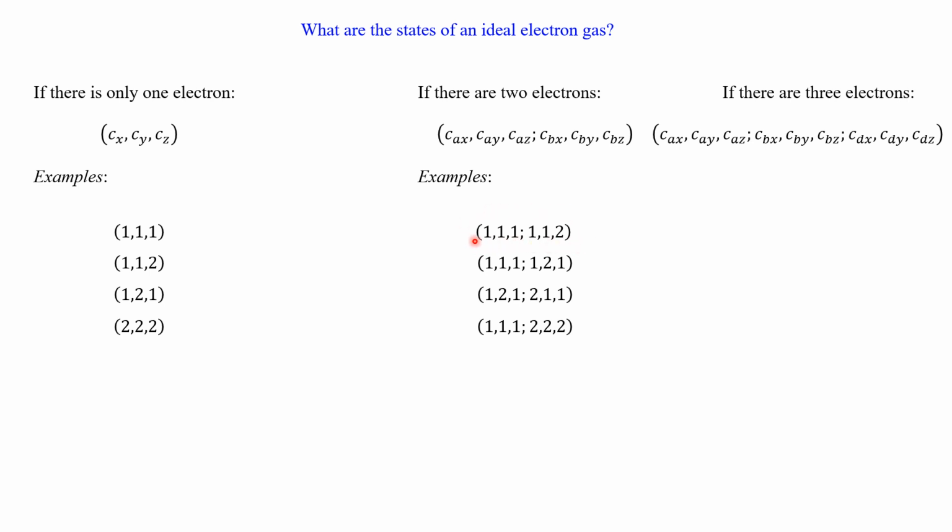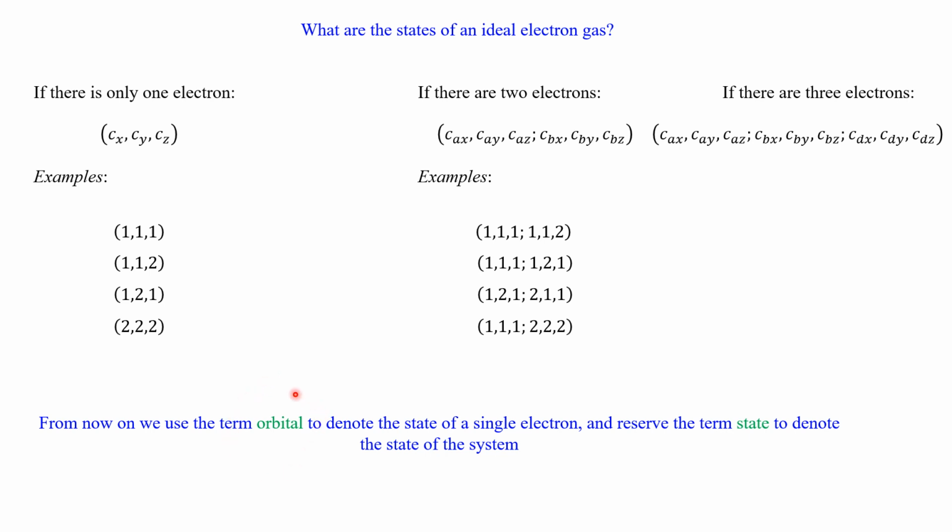So this is the state of the system, and this is the state of an electron. So to avoid confusion, from now on, we're gonna reserve the term orbital to denote the state of a single electron. And we're gonna reserve the term state to denote the state of the system.